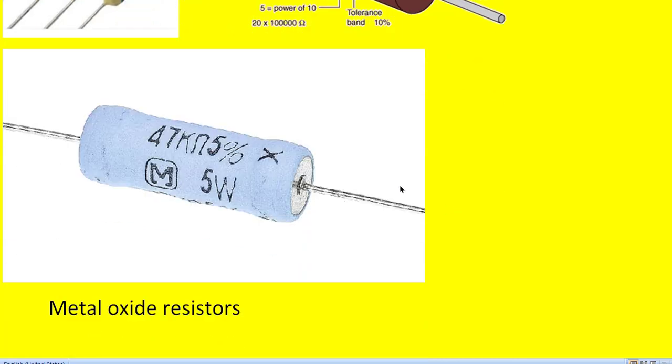So next, there is another type of resistor called the metal oxide resistor. Its size is more than the carbon resistors, so we can write the resistance value on it. That's why we find the resistance value on this resistor, and the tolerance is also mentioned without showing any band.